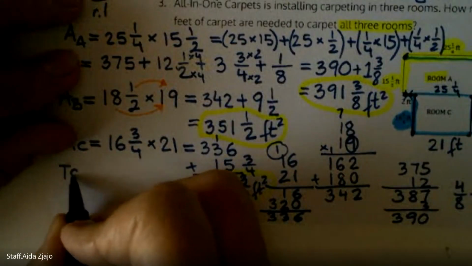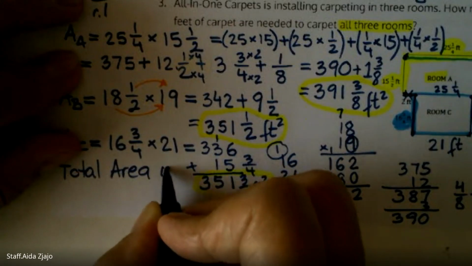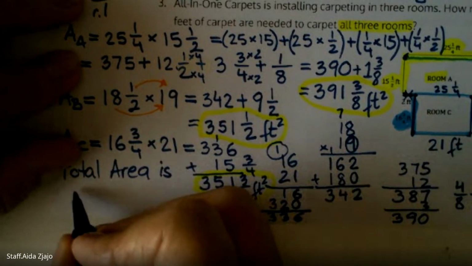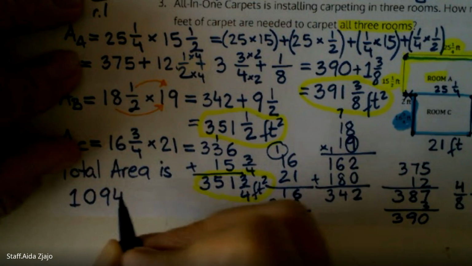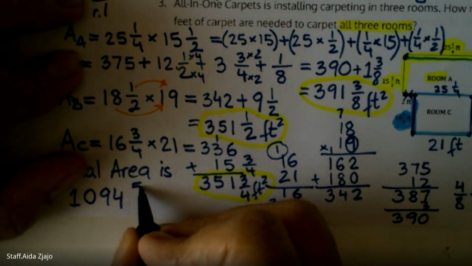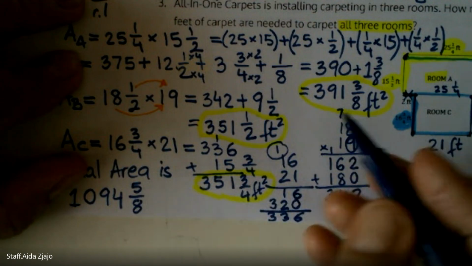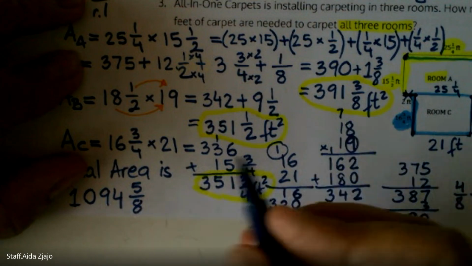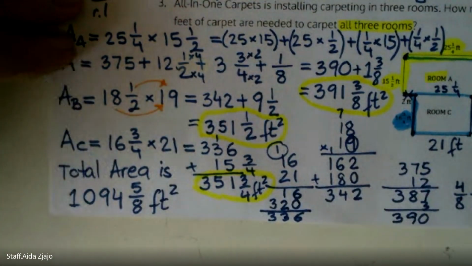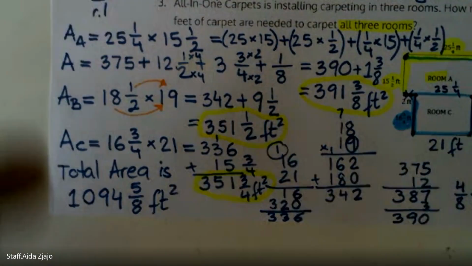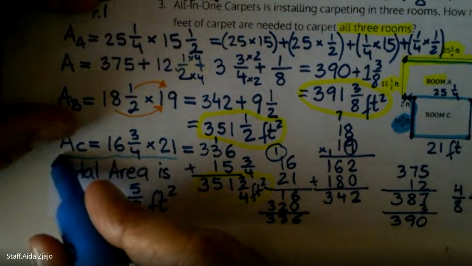Okay, total area is 1094 and 5/8 square feet. Square feet. Done. Done. All right.